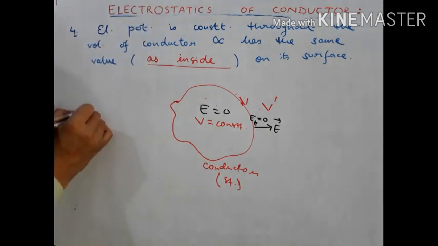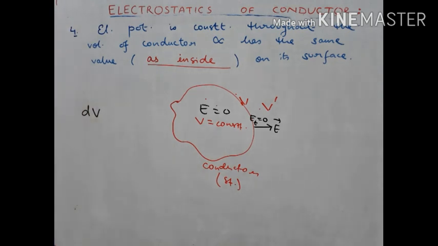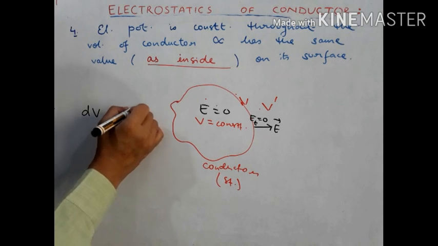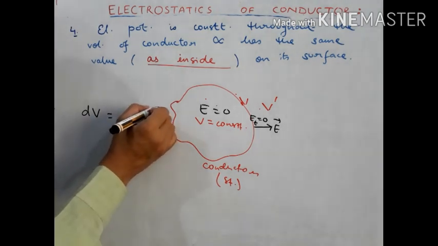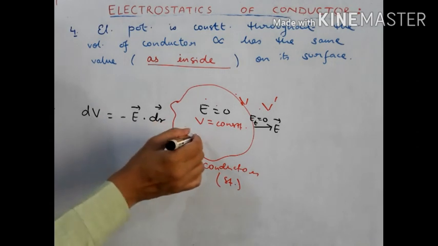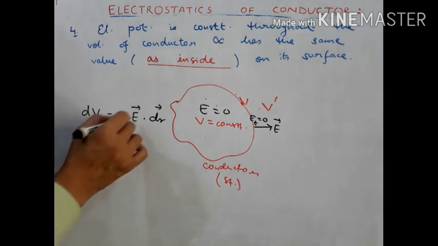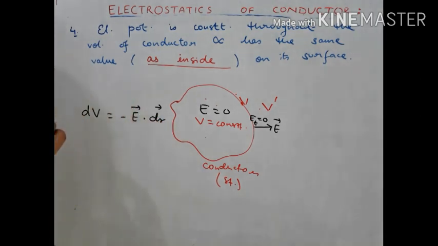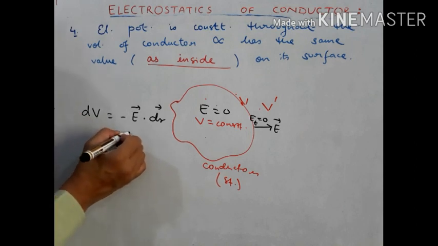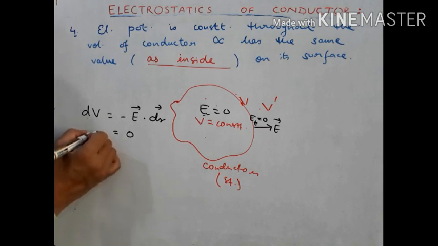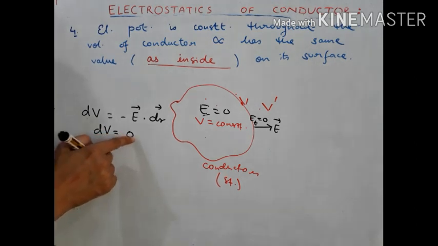Using these properties we shall prove this result. See, we know dV, the potential difference, is given by the formula negative E vector dot dr vector. Between any 2 points, the potential difference will be the integration of this. Delta V is equal to integration dV is equal to minus integration E dot dr from one point to the other point. This must be 0. Why? Because electric field is 0. If dV is equal to 0, that means change in V is equal to 0.